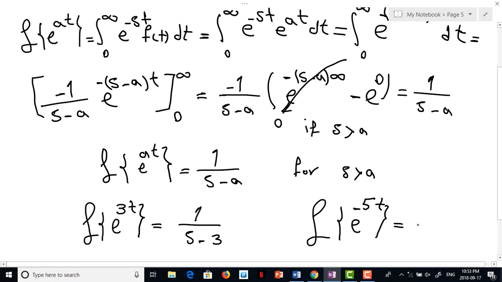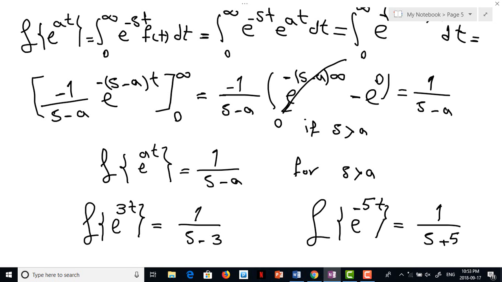So it's equal to 1 over (s minus a), where a is minus 5, so minus times minus is plus, so it's s plus 5. So we could find a Laplace transform of this function as well.